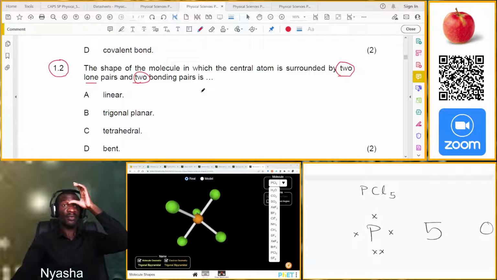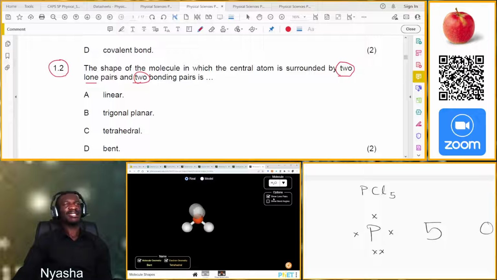We are using a category. So obviously, this one would be our guide, because we can see that water has these 2 lone pairs and 2 bonding pairs. And what are we getting? This is a bent geometry and it is tetrahedral.